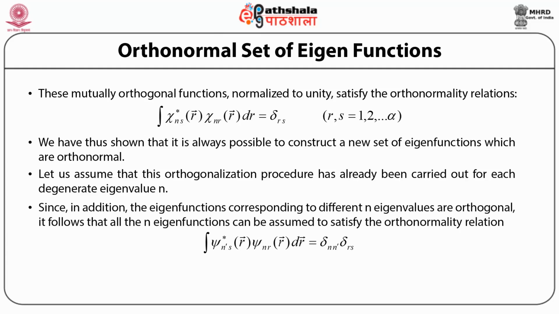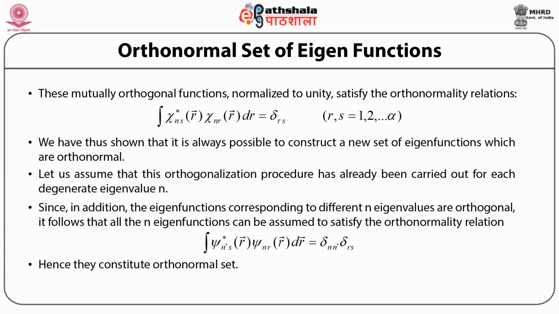Since, in addition, the eigenfunctions corresponding to different eigenvalues are orthogonal, it follows that all the eigenfunctions can be assumed to satisfy the orthonormality relation given by the integral of ψ_n' star(r) into ψ_n(r) dr is equal to the Kronecker delta δ_n'n.